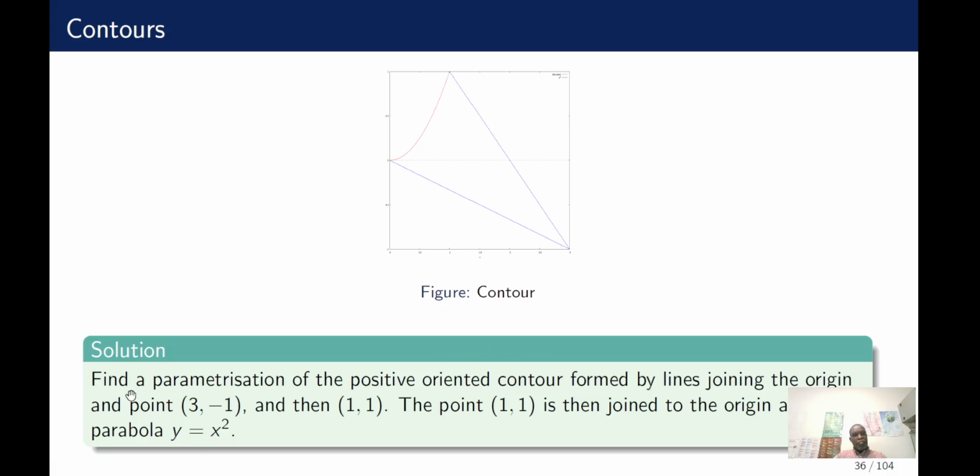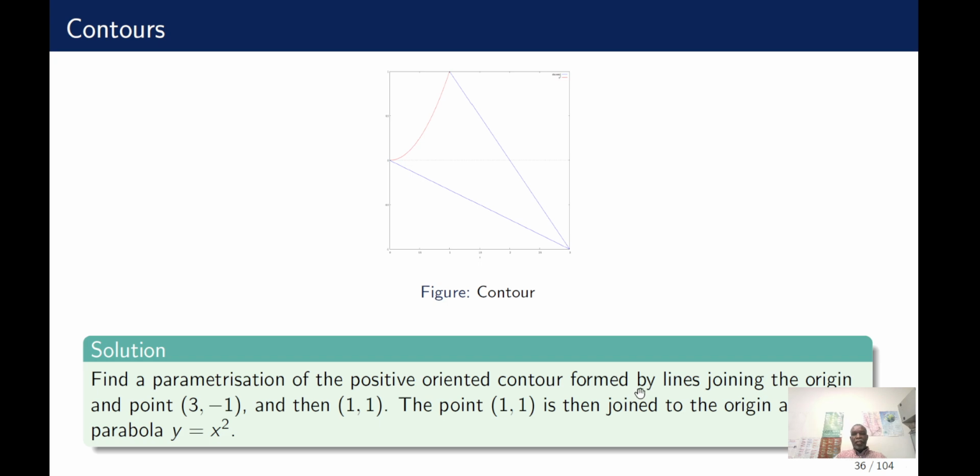We want to find the parameterization of the positively oriented contour, which is the direction that we have traced. We are going around that path in an anti-clockwise way. That's the positive way.